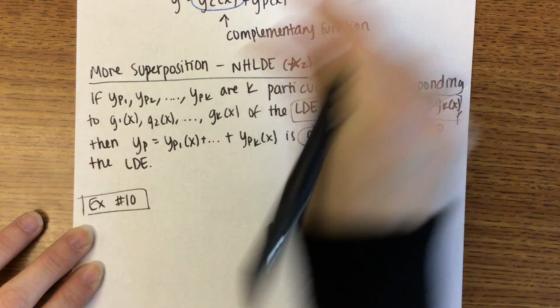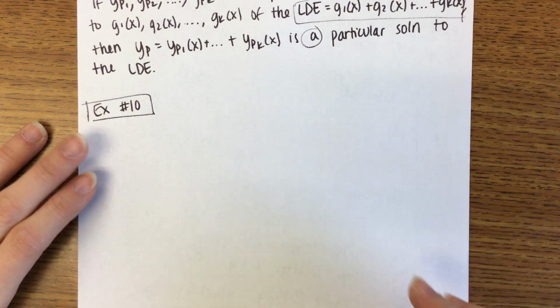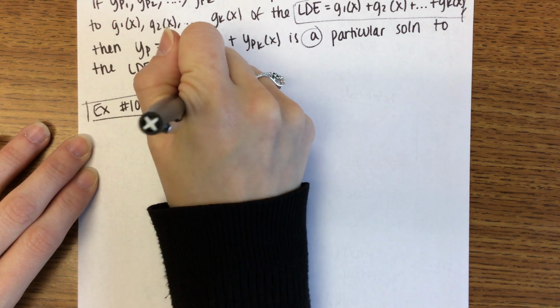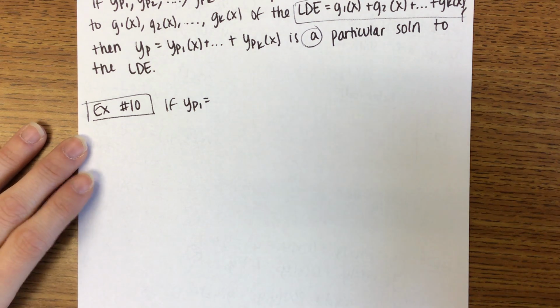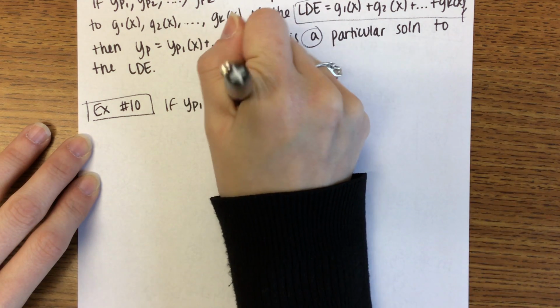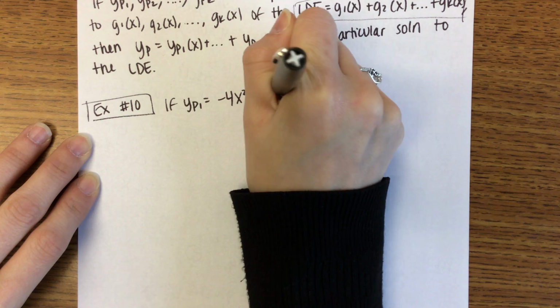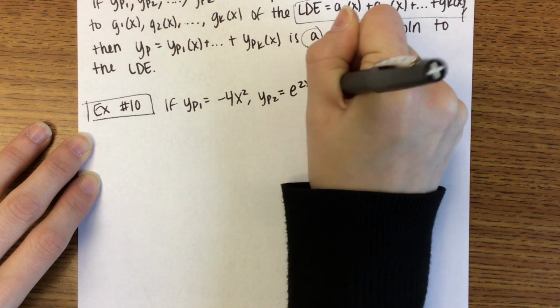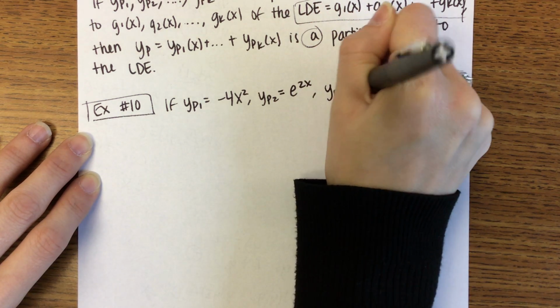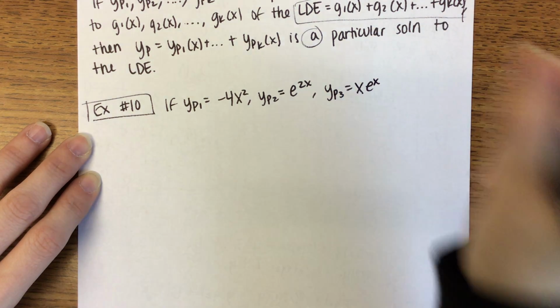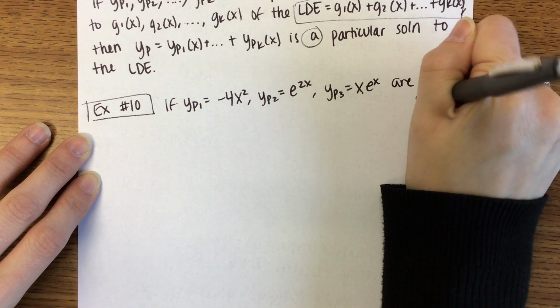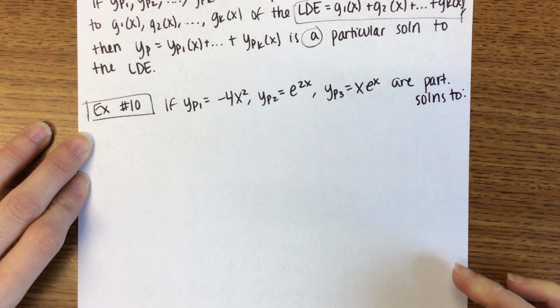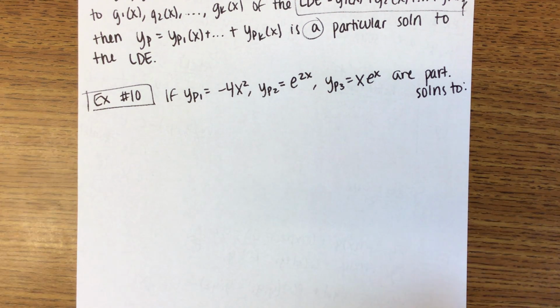So let's look at how this is going to be used. Okay, I'm going to give you three particular solutions. The first one is negative 4x squared. The second one is equal to e to the 2x. And the third one is equal to x e to the x. And these are particular solutions to the following differential equations. So there's one particular solution for each differential equation.